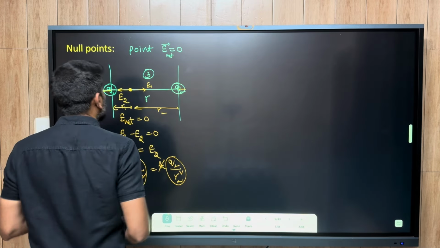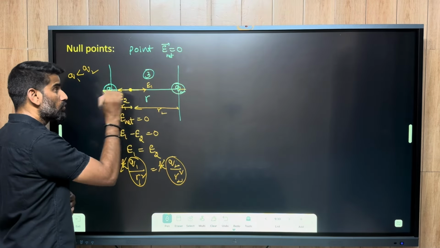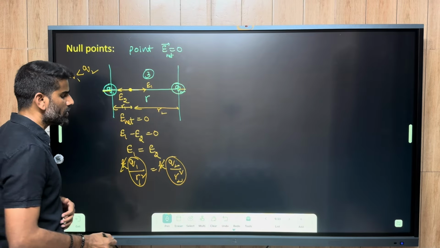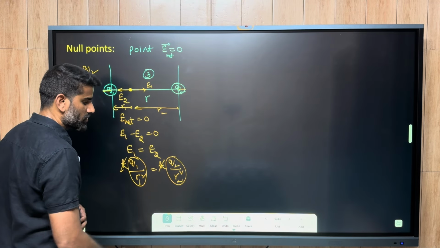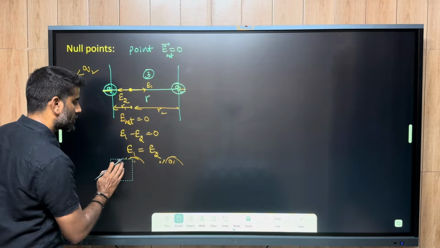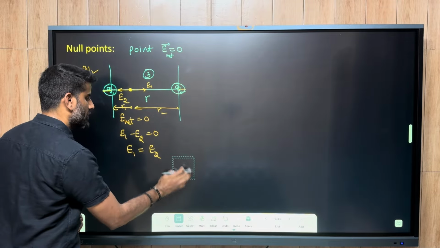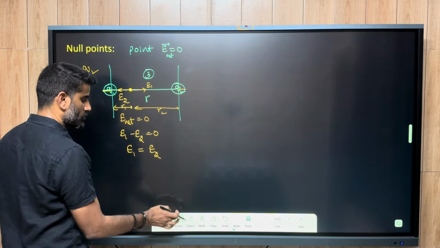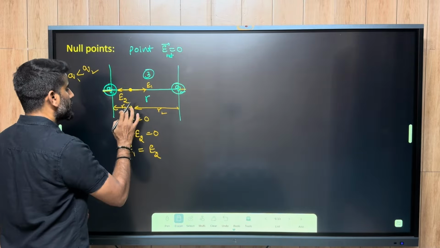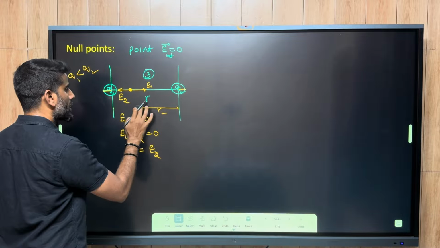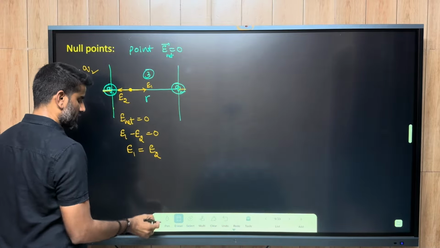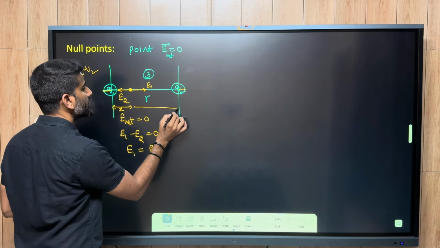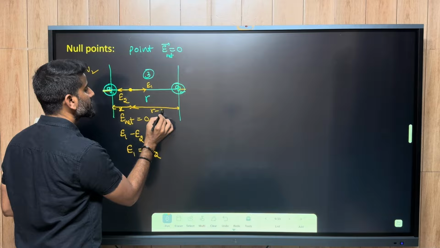Now, as we have considered the point in between the two charges, that too close to the smaller charge, I am going to write the equations. Now, instead of taking R1 and R2, I am going to erase this one. Instead of taking R1 and R2, I am going to consider these distances as x, and this will be R minus x.